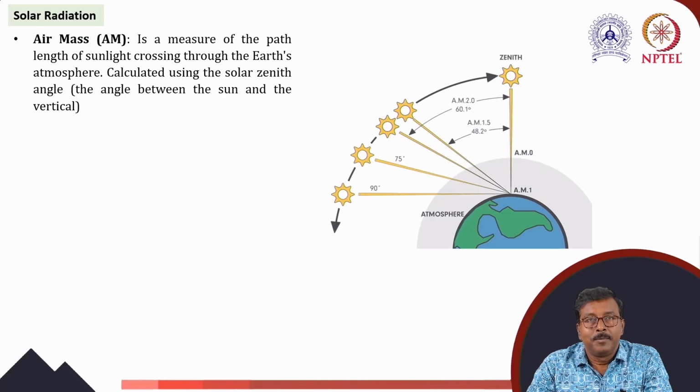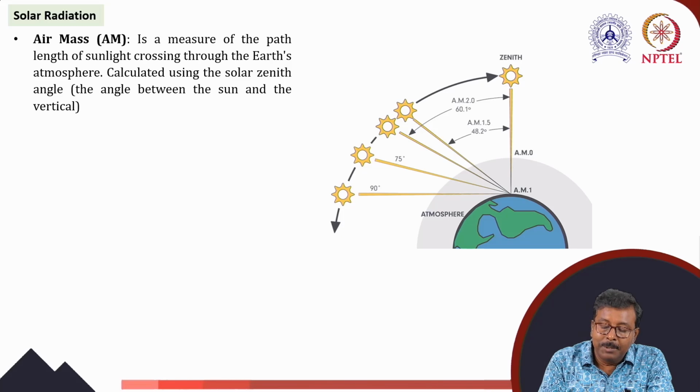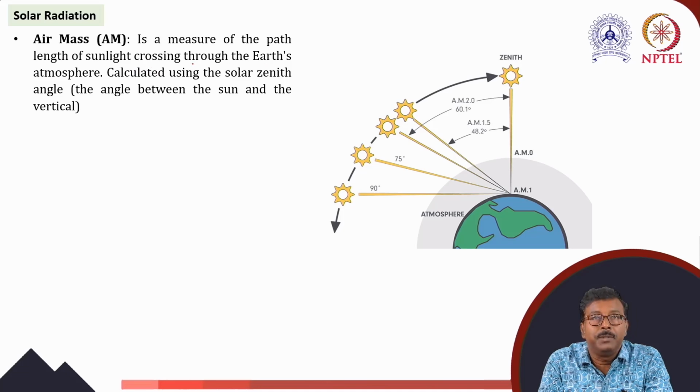What is air mass? Air mass is a measure of the path length of sunlight crossing through the Earth's atmosphere. That is, how much length light crosses before reaching the Earth's surface from the sun.